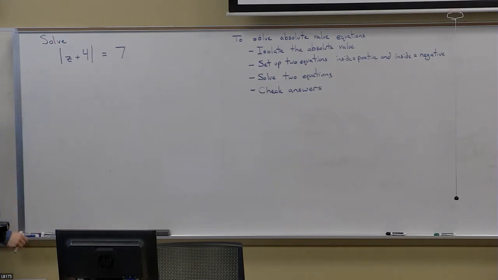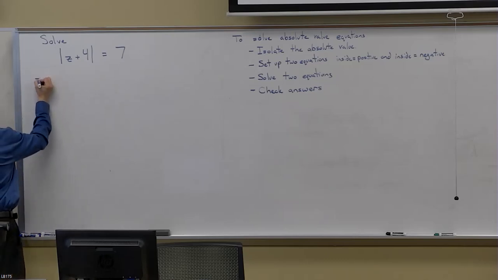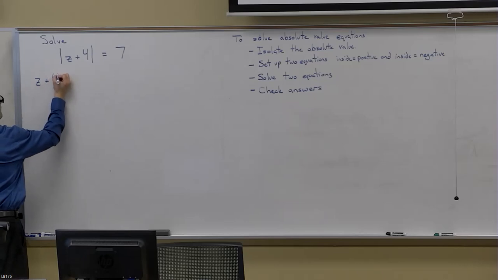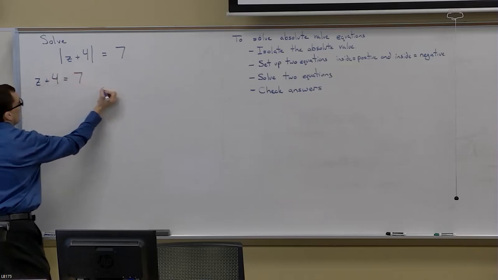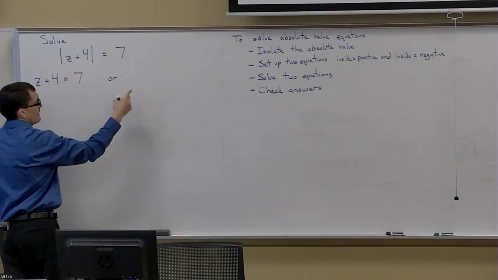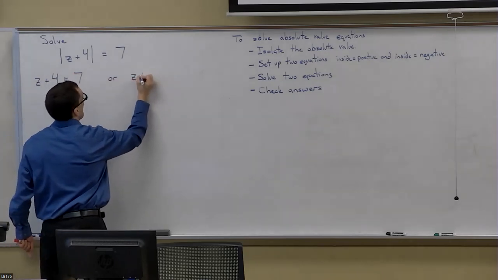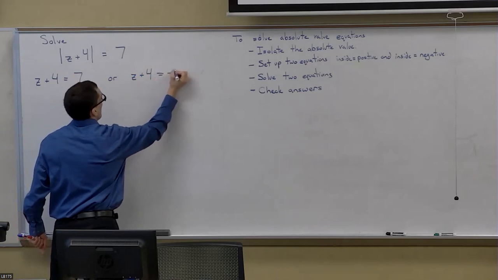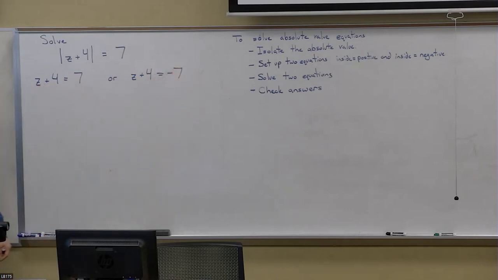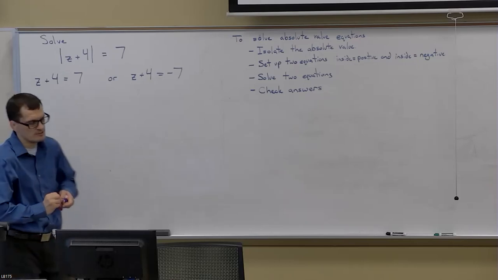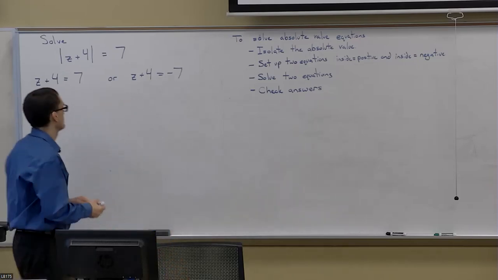Now we can set up the two equations. And usually when I set these up, I set them up in the same line. And then I just solve them side by side. So z plus 4 is equal to 7, or z plus 4 is equal to negative 7. In both cases, we'd subtract 4 from both sides.